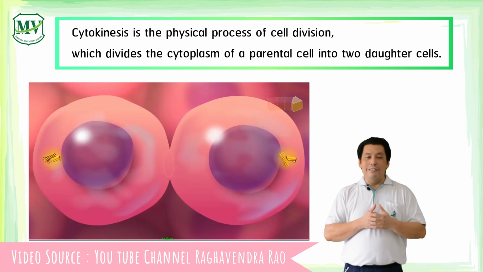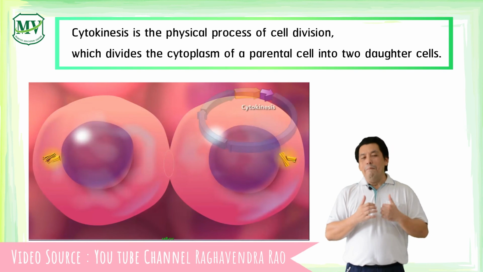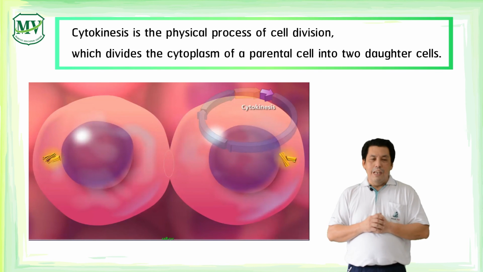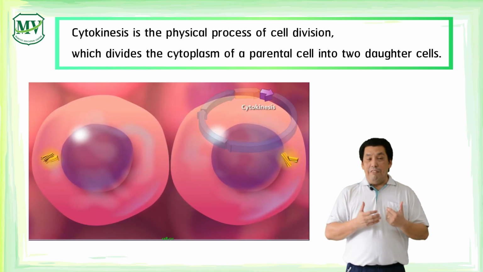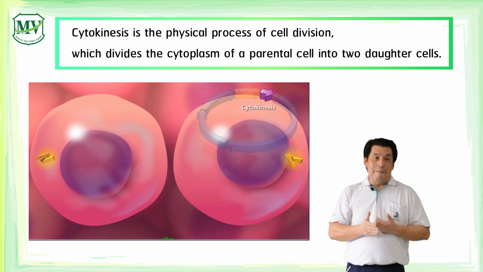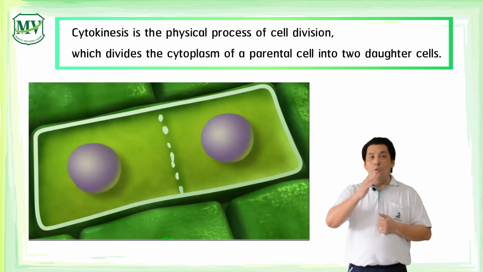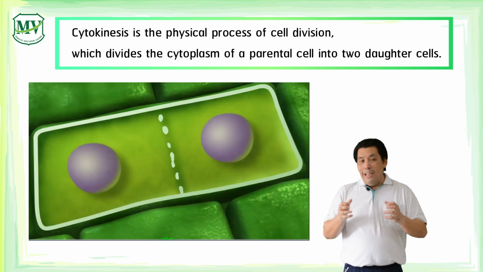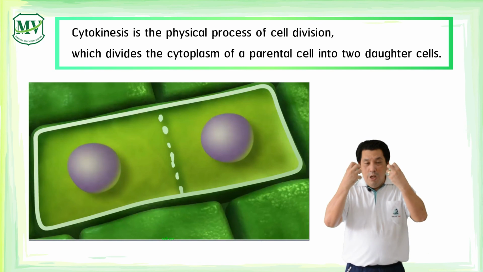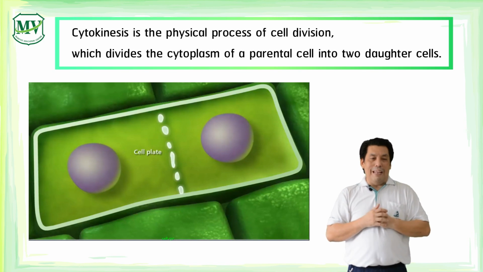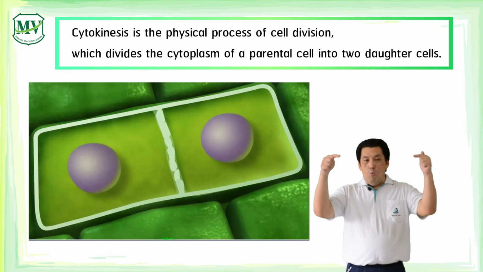During cytokinesis, a contractile ring made of protein filaments develops where that metaphase plate used to be. Once the contractile ring forms down the middle of the cell, it starts shrinking, which pulls the cell's outer plasma membrane inward.